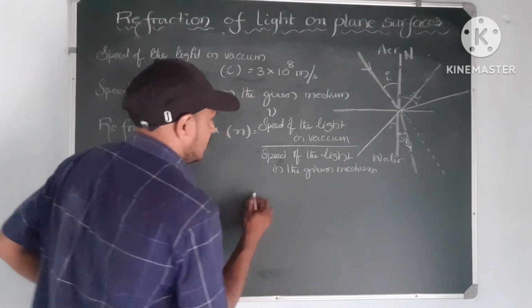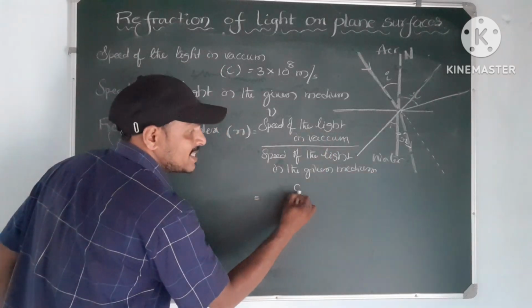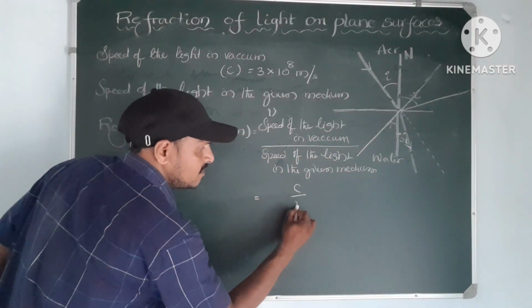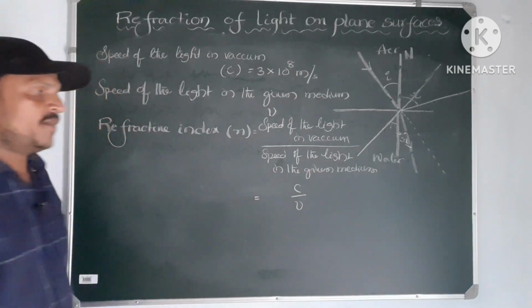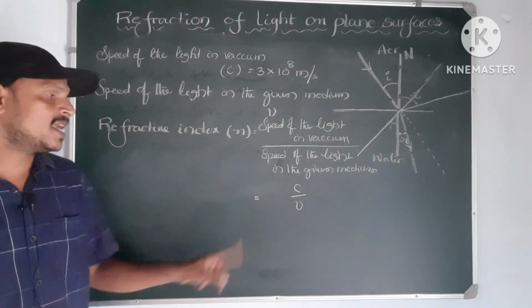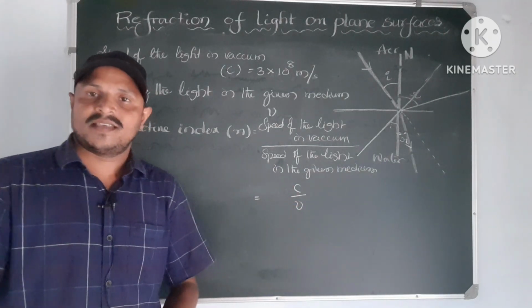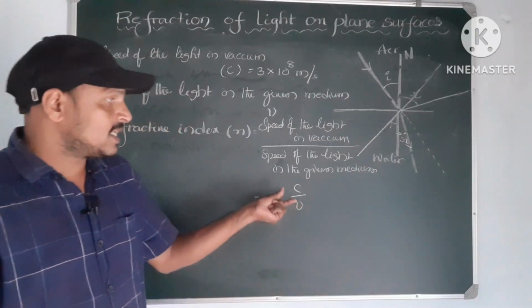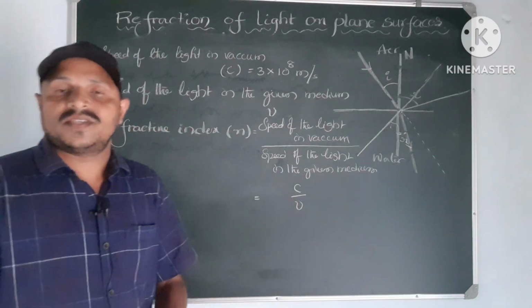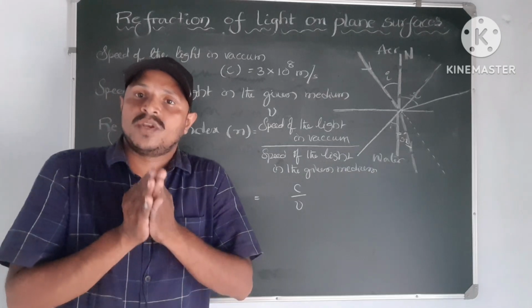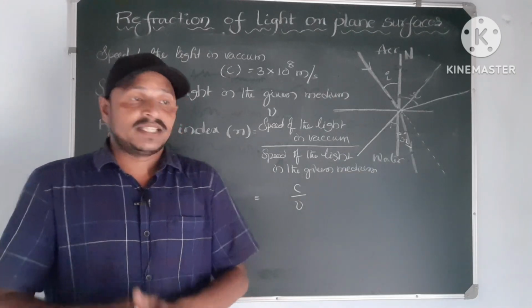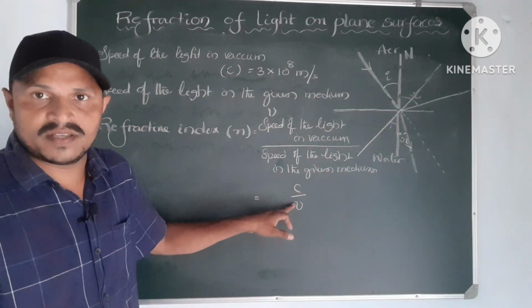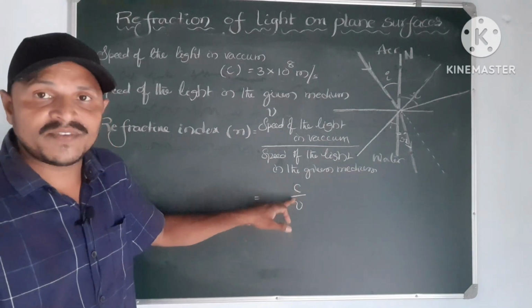The speed of light in vacuum is c and the speed of light in the given medium is v. So c by v is the refractive index. And what are the units of this refractive index? It has no units, because this is a ratio of the same physical quantities.